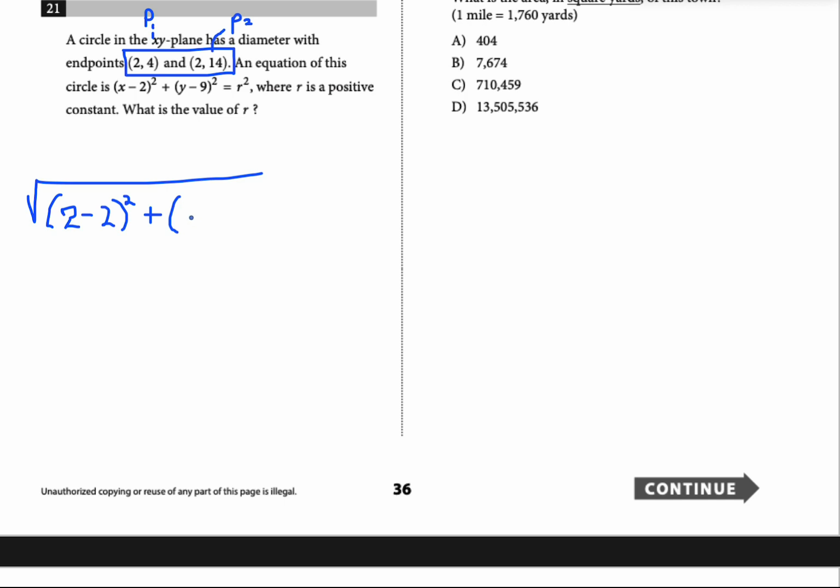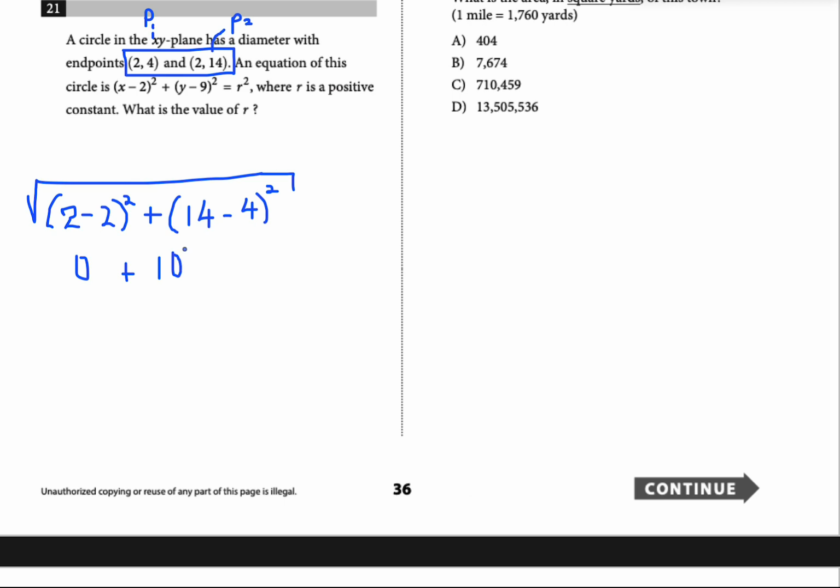You add it to the y component. So the y component would be 14 minus 4, squared. Well, 2 minus 2 is just going to be 0. And 14 minus 4 would just be 10.